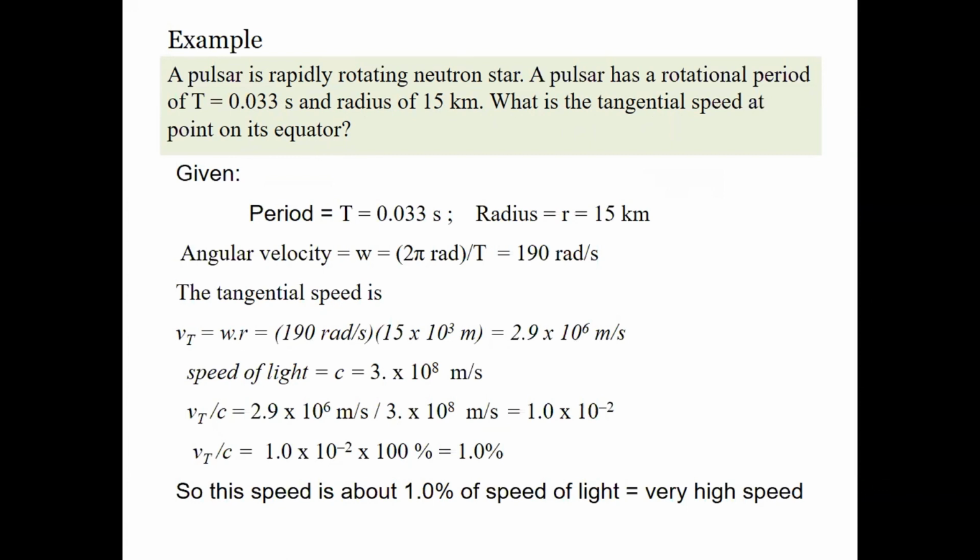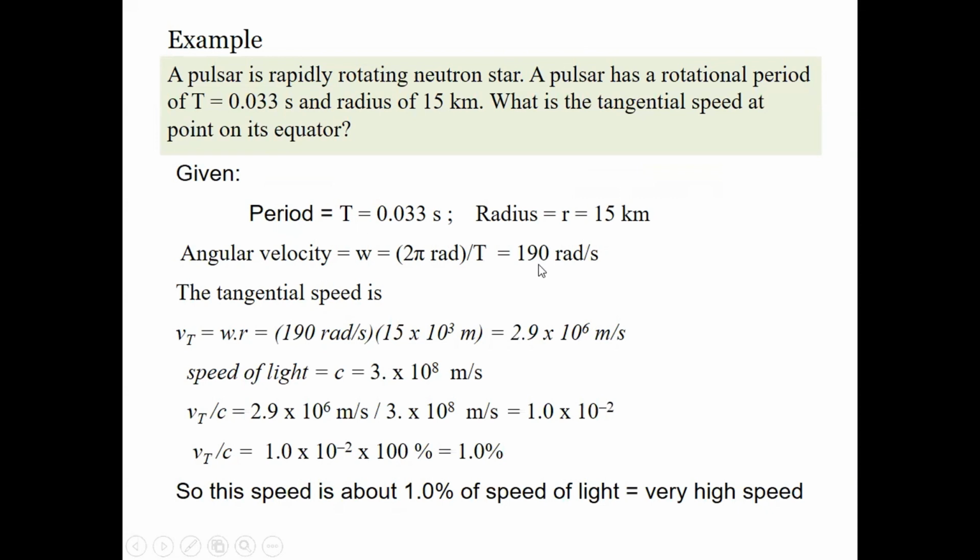The rotational speed has been asked. So first we see what is given. We are given the period T equal to 0.033 seconds, the radius r equal to 15 kilometers, and the angular velocity omega equal to 2 pi radians, the completion of one circle, divided by the period, which is the time required to complete one circle.